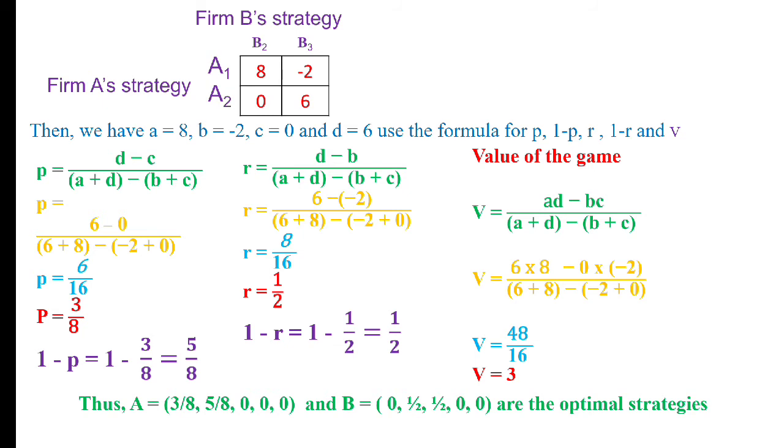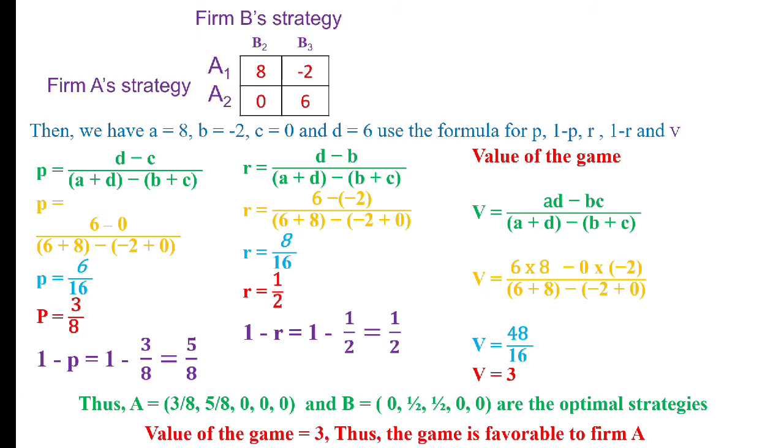So B1, B4, B5 are 0. 0, 1 by 2, 1 by 2, comma 0, 0 are the optimal strategies. This is the way we can follow the principle of dominance rule method of solving game theory. The value of the game equal to 3. The game is favorable to A.